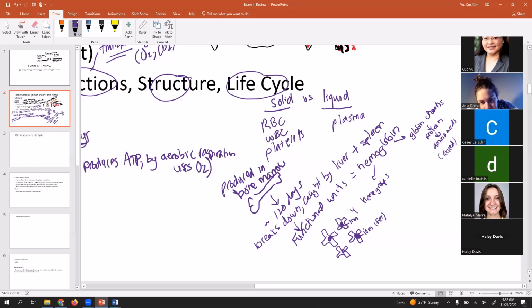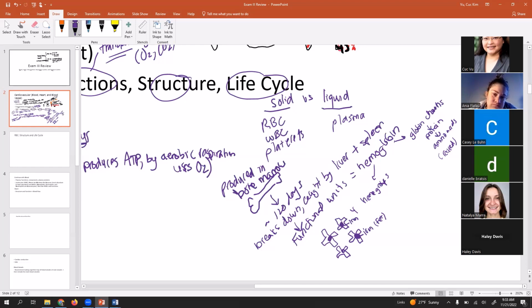So in 1 hemoglobin, how many molecules of oxygen can be carried? In 1 hemoglobin, how many molecules of oxygen can be carried? Is it 4?